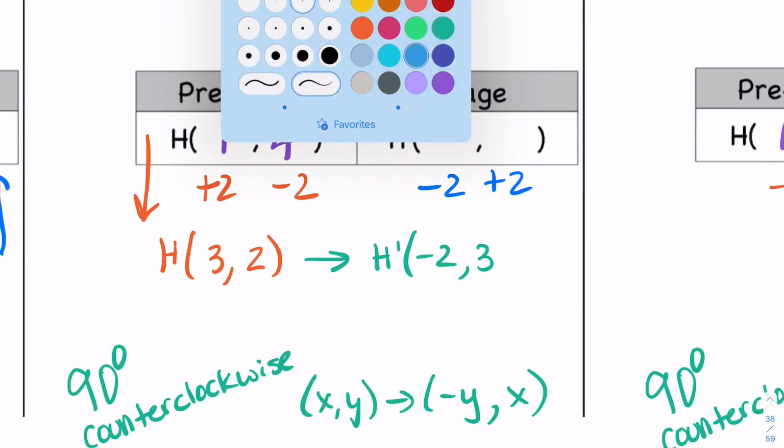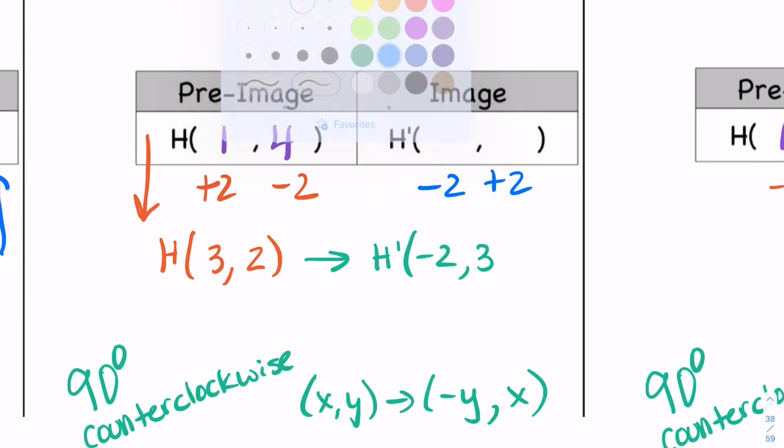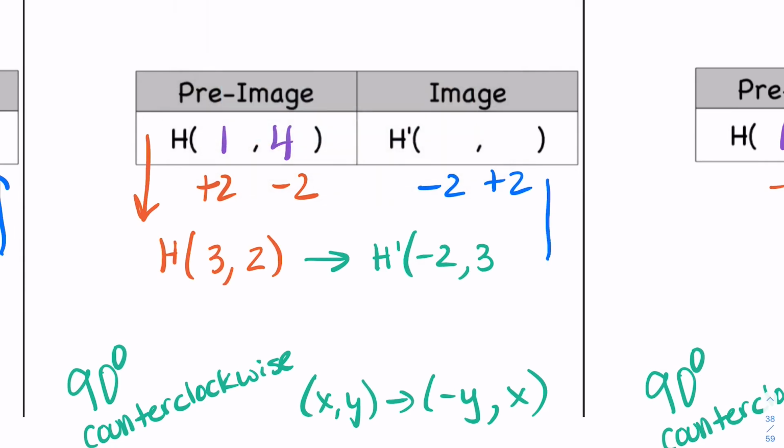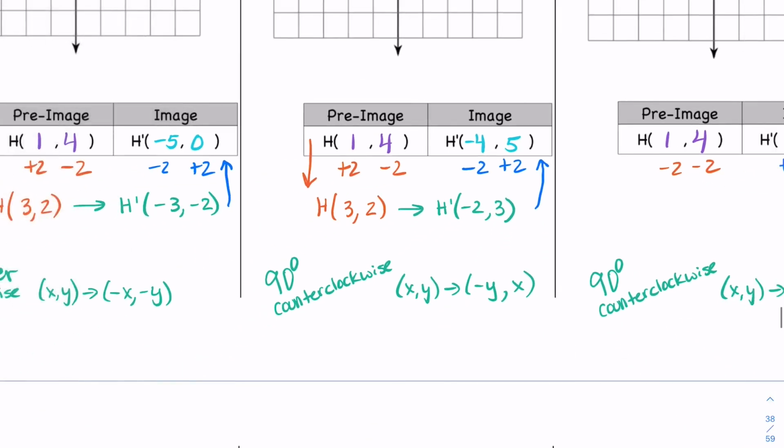And then I'm going to take away 2, so I get negative 4, and 3 plus 2 is 5, so I get negative 4, 5.